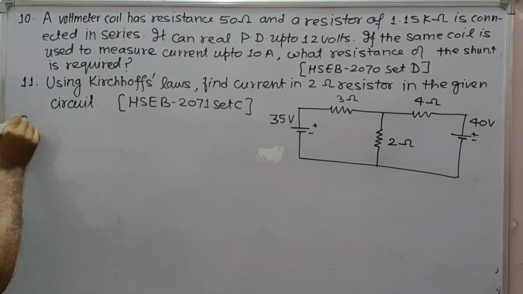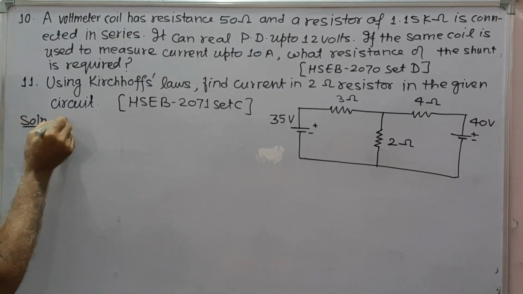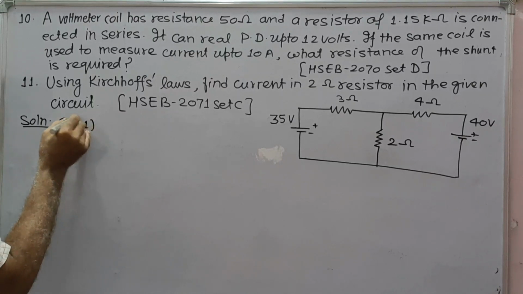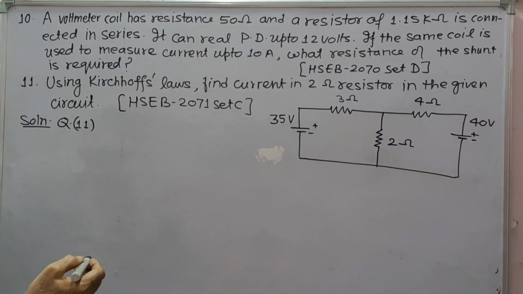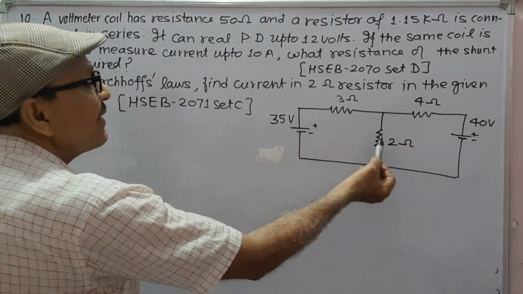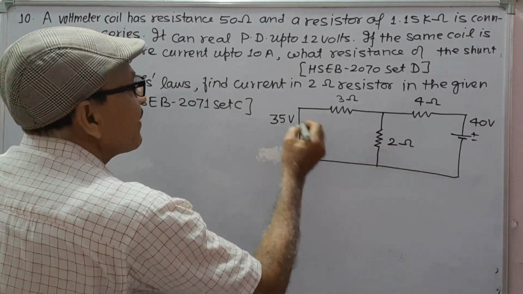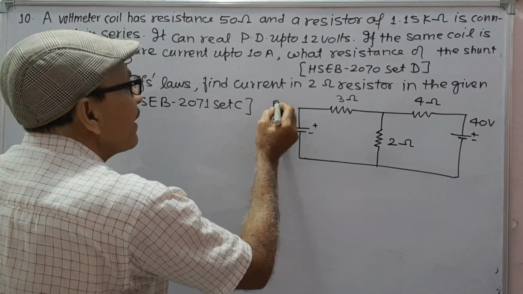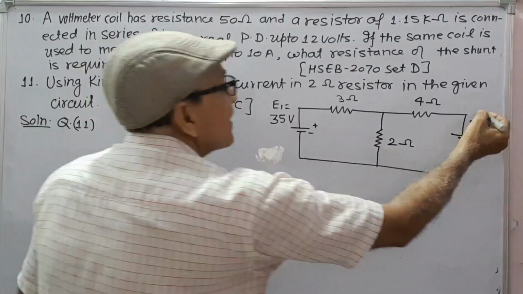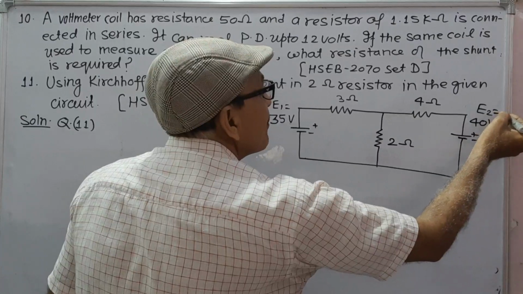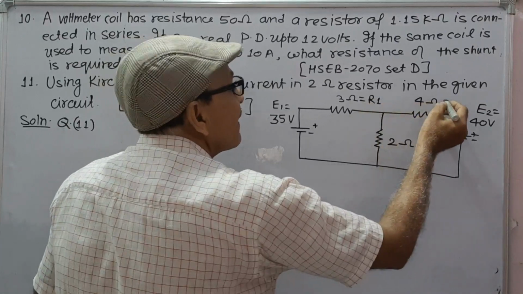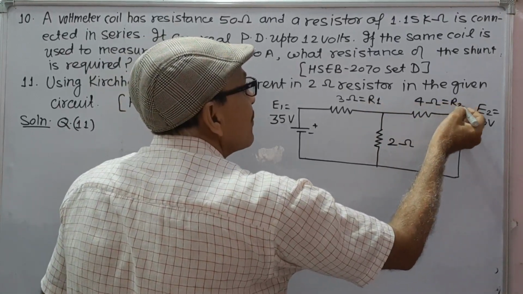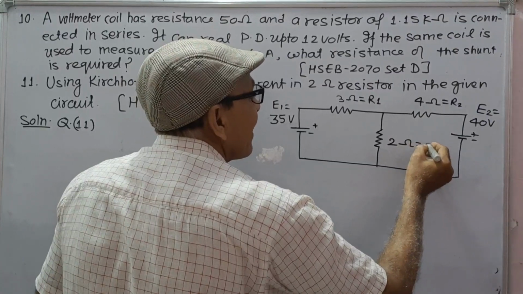Next, solution to question 11. Question is, using Kirchhoff's laws, find current in 2 ohm resistor in the given circuit. This is the given circuit. We have to find the current in 2 ohm. For simplicity, suppose this is E1, this is E2, this is R1, this is R2 and this one is R3.